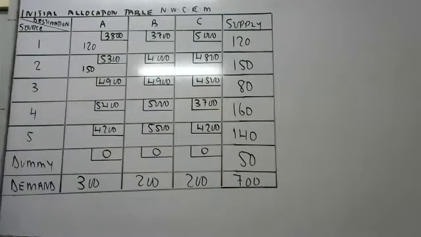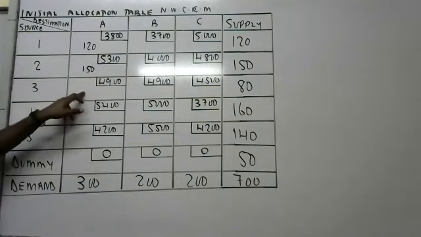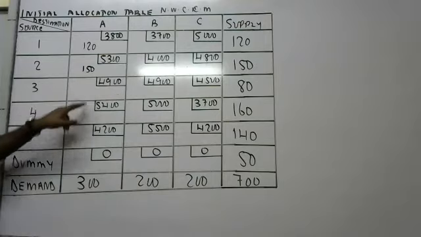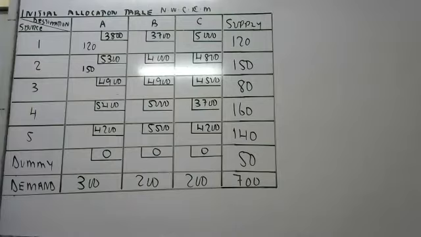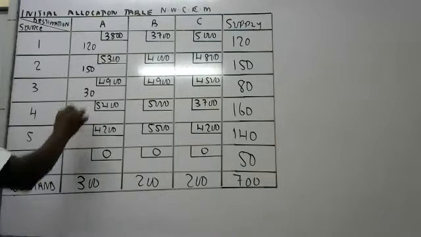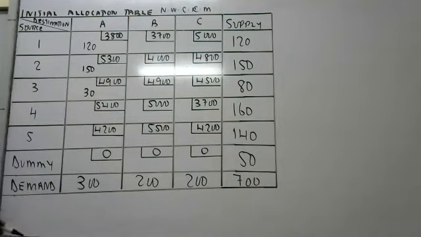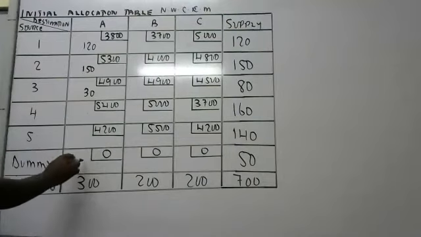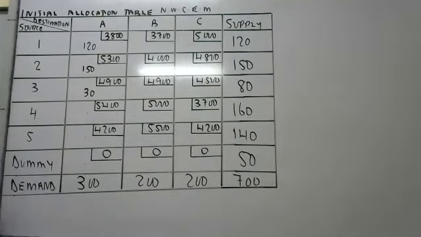The next northwest is this one. When you come here, the available is 80. The unsatisfied is now? It's that. So the smaller is what? 30. So you put 30 here. And when you put 30, this one is blocked, this one is blocked, and this one is blocked.